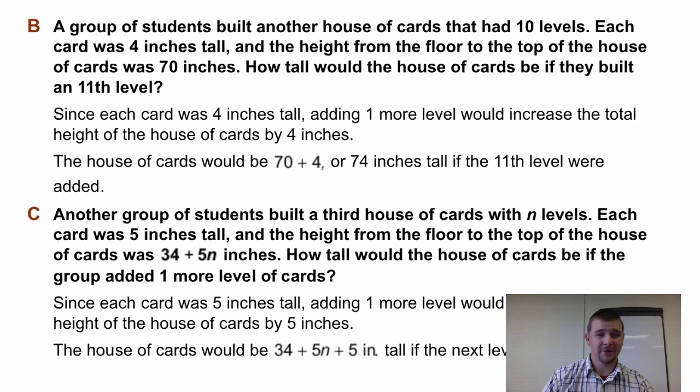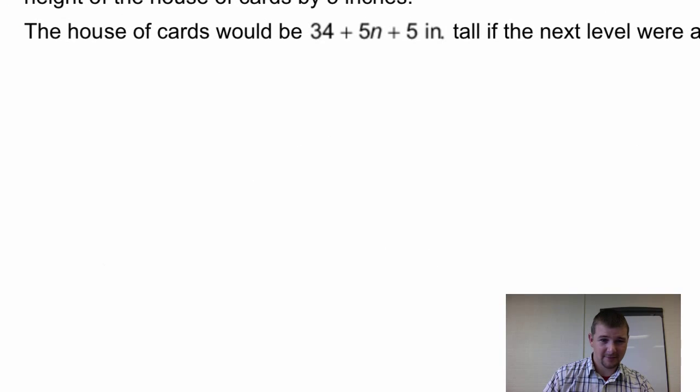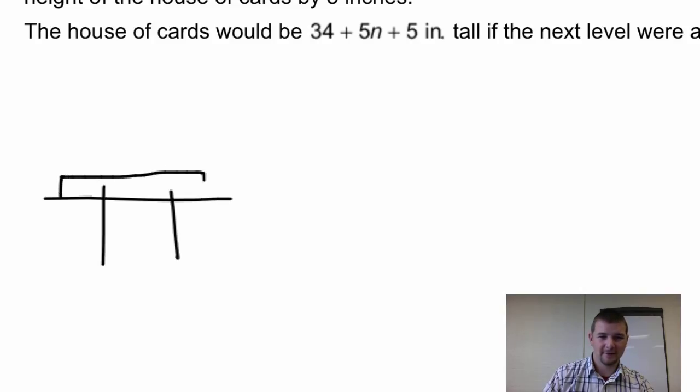And if that's at all difficult to visualize, consider this. Quickly sketch a tabletop. I'm not even going to try for 3 dimensions. And we have a card house being built on top.